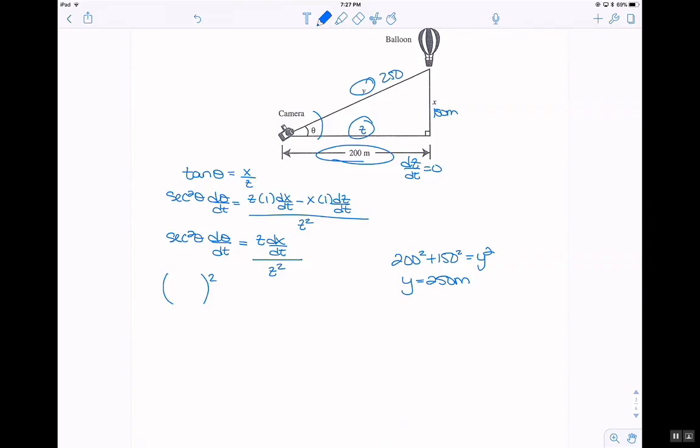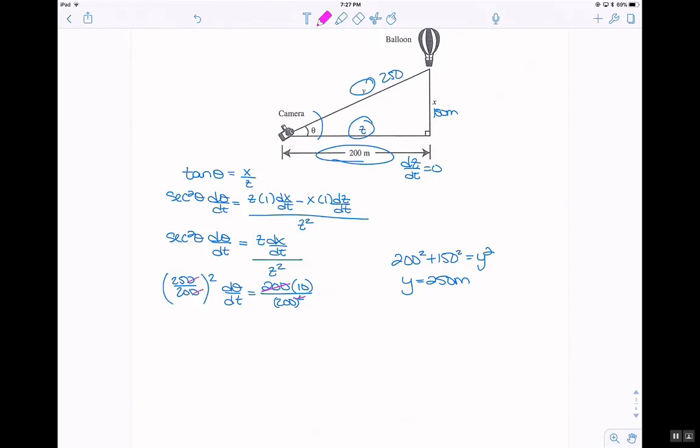So secant of theta, and I'm going to square it. So secant would have been, instead of adjacent over hypotenuse, it's hypotenuse over adjacent. So that's 250 divided by 200. And then d theta/dt is equal to z, which is 200. My dx/dt is equal to 10. My z squared is 200 squared.